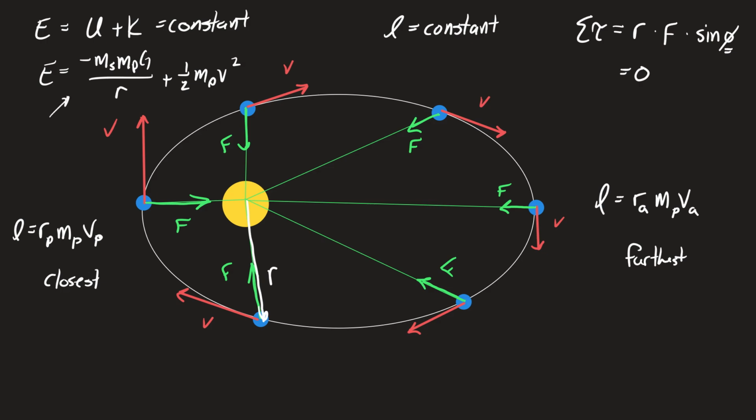This one can be used for any of the positions that we see here because it doesn't require any information about the direction of the planet. However, this one for us really can only be used at apogee and perigee. Otherwise, we need to know the velocity of the planet and the angle relative to the star.